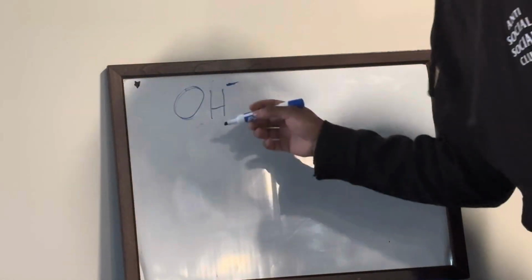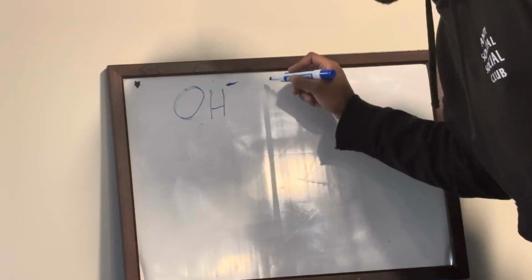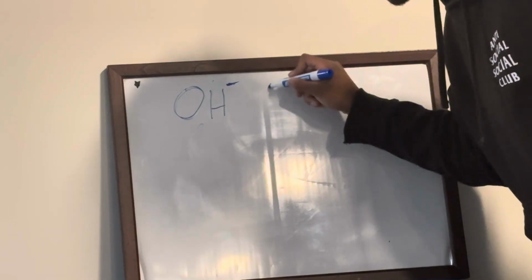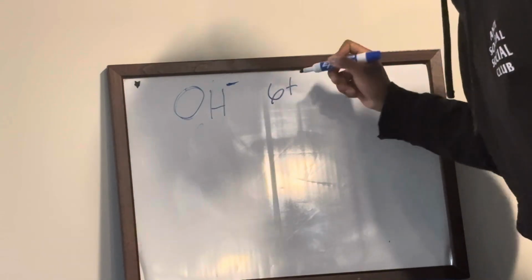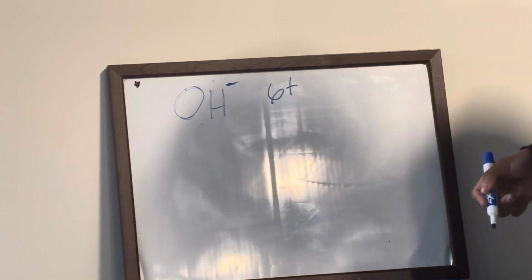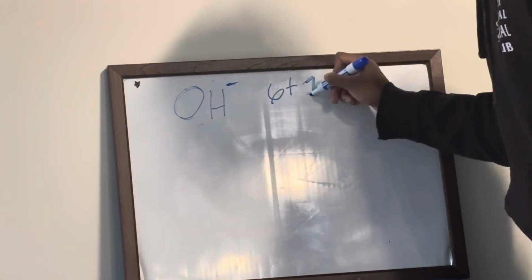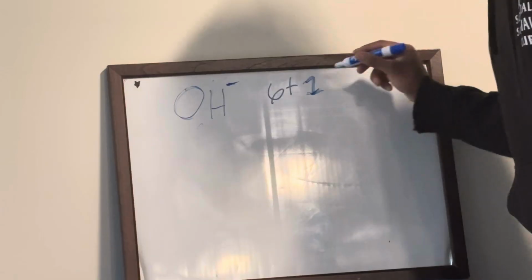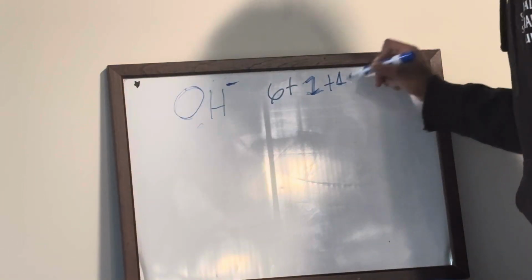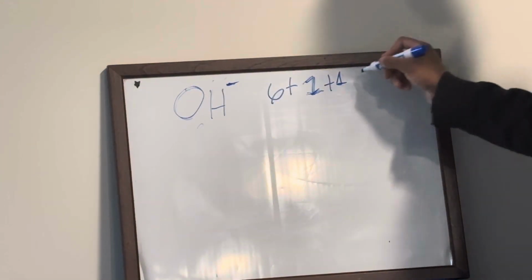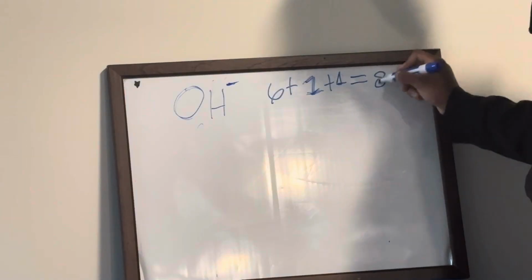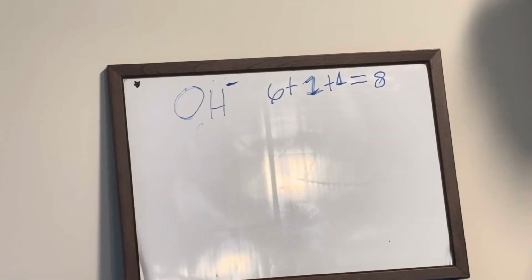So, how much does oxygen have? 6. 6 plus hydrogen. How many does hydrogen have? 1. Plus the 1 minus right there, that's another electron. So it's 6 plus 1 plus 1, which equals 8. So we have 8 electrons, okay?